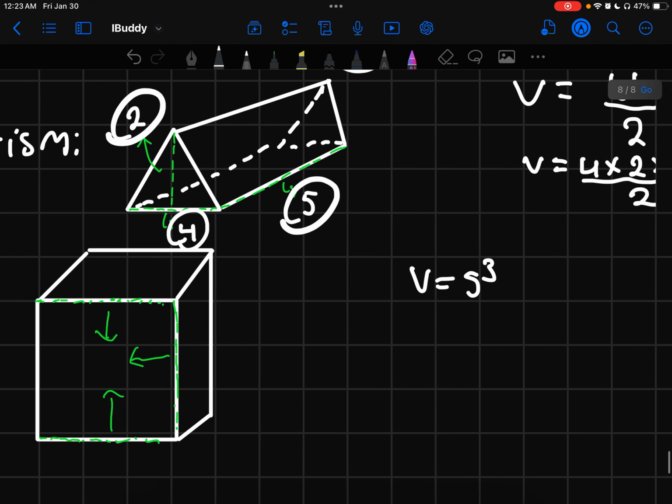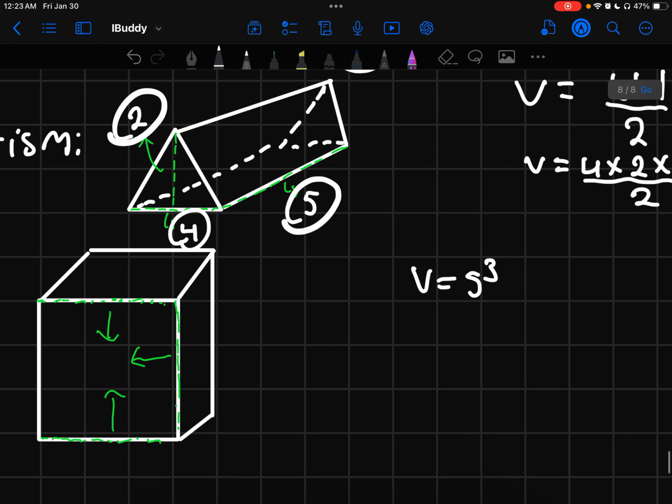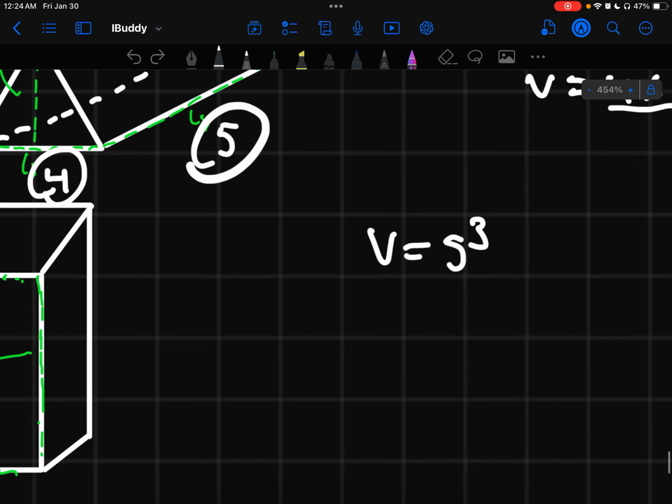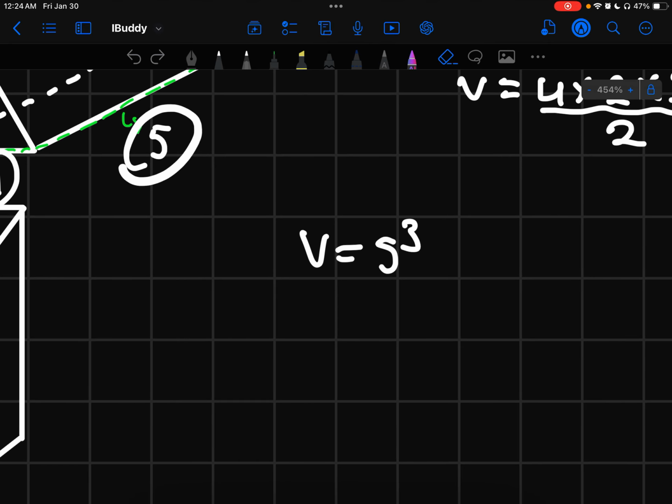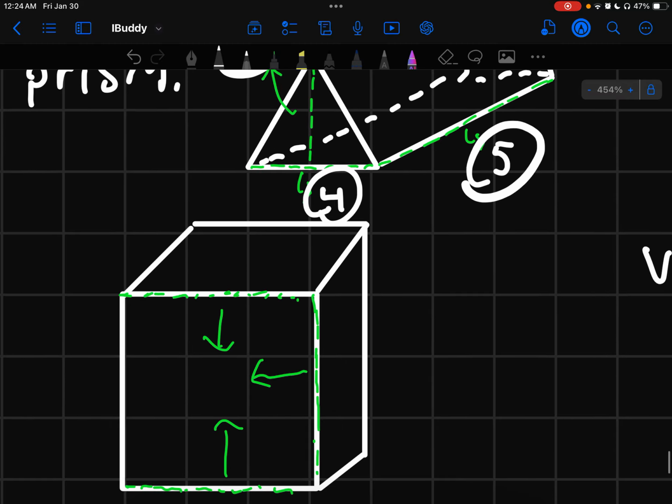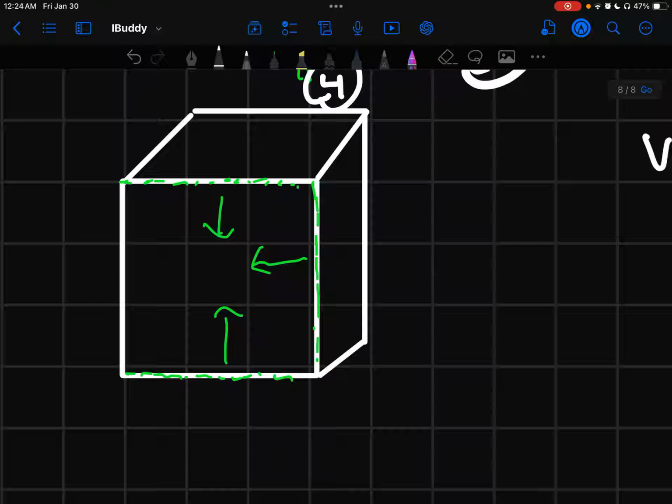Okay, so now we'll be going over how to solve the volume of a cube. Okay, so the formula for this is just V is equal to S cubed, where S is just one of these sides.